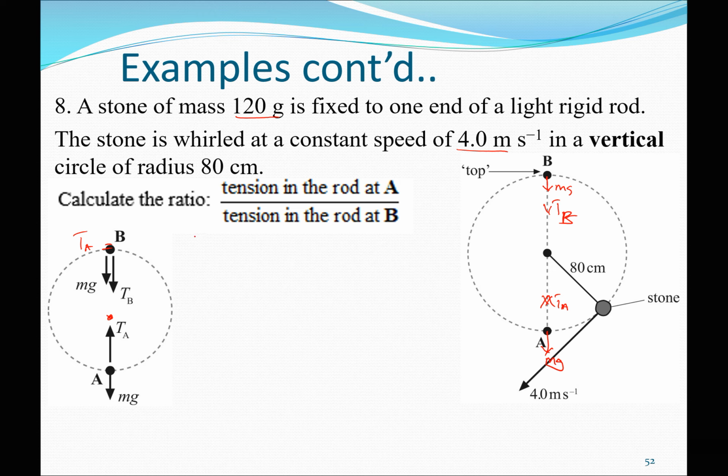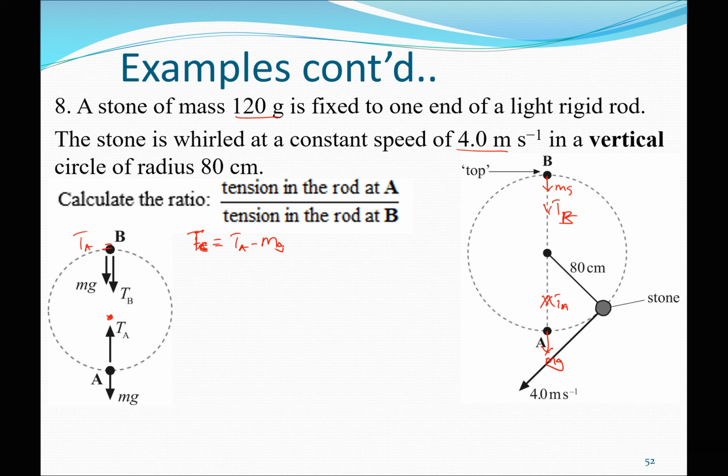So we shall have that, at A, the resultant force, which is going to be the centripetal force at A, is equal to TA minus mg.